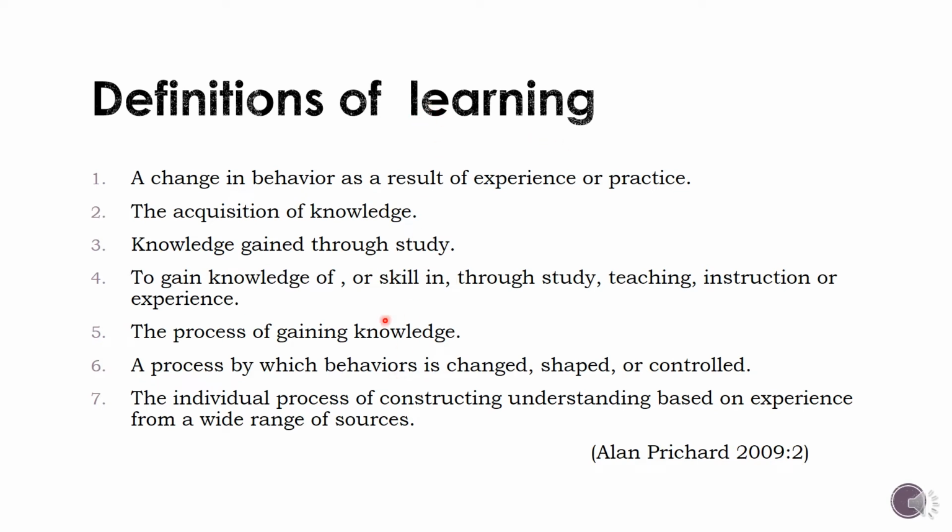And the last one is the individual process of constructing understanding based on experience from a wide range of sources. So the role of individuals, you have already found it in your yesterday course, that every individual learns differently in different processes. So those individuals can learn individually and construct understanding.